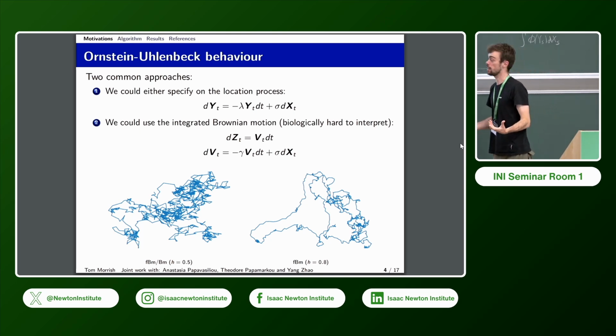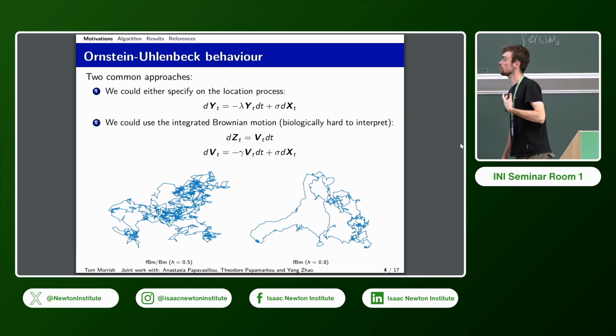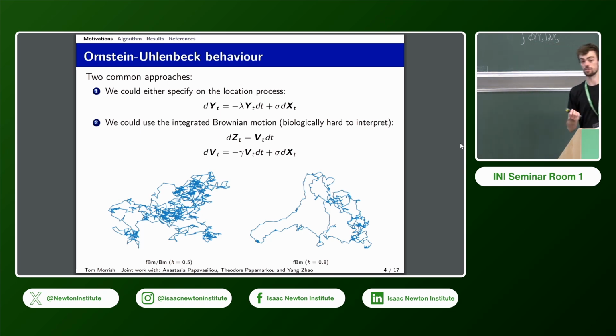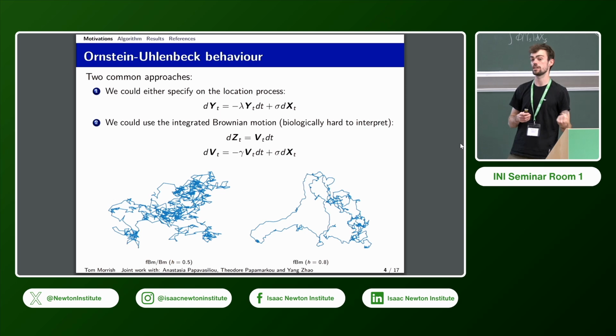That's too rough, as you can see from the bottom left plot. That's the Brownian motion in 2 dimensions, the Ornstein-Uhlenbeck. One method that's often used is to specify the model instead on the velocity of the animal, and integrate that to get the location, which gives you a smoother path. However, you then lose some of the biological understanding in the parameterization.